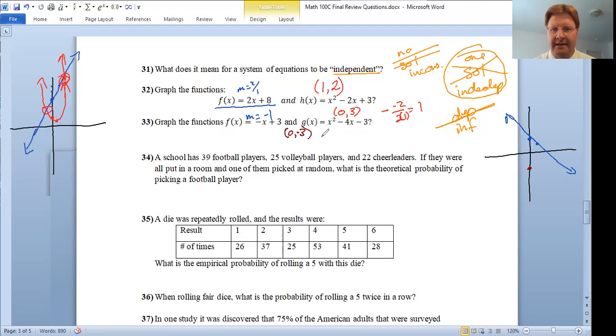And negative b over 2a. So a negative, negative 4 over 2 times 1. That's 4 over 2 is 2. So this is out 2, and so the vertex is at x equals 2. Now let's stick in 2. 2 squared is 4, minus 4 times 2 is 8. 4 minus 8 is a negative 4.